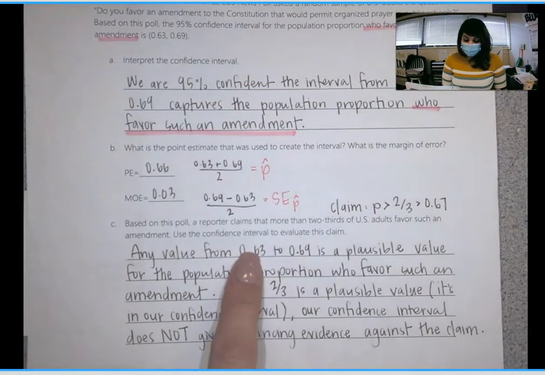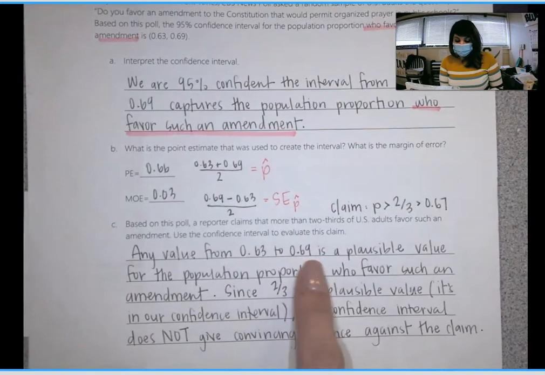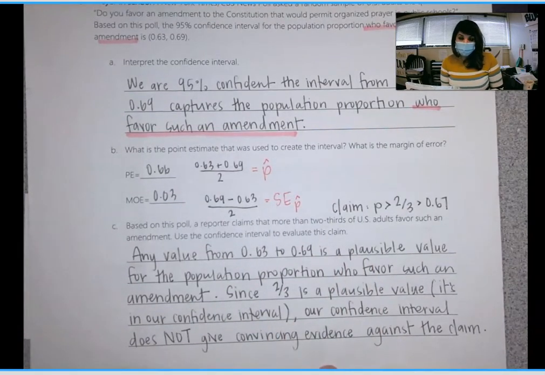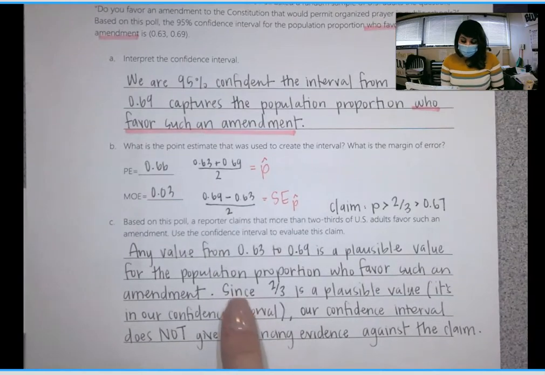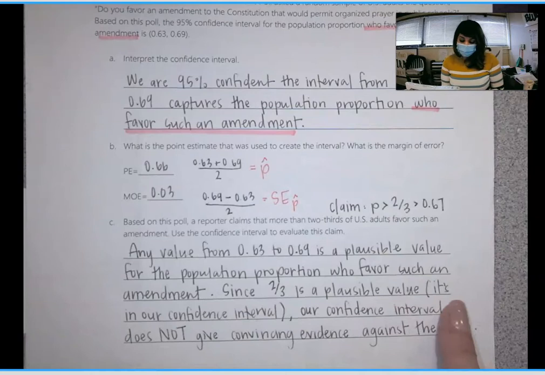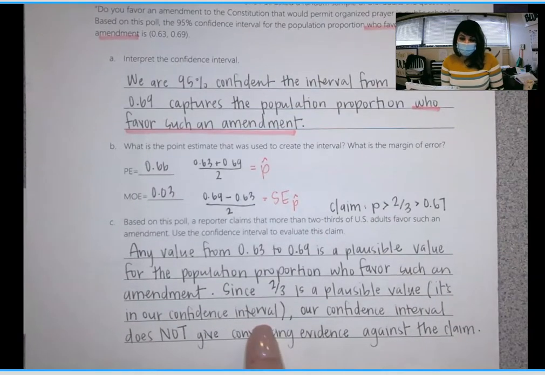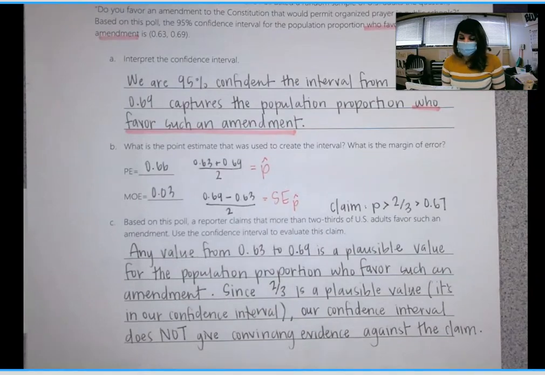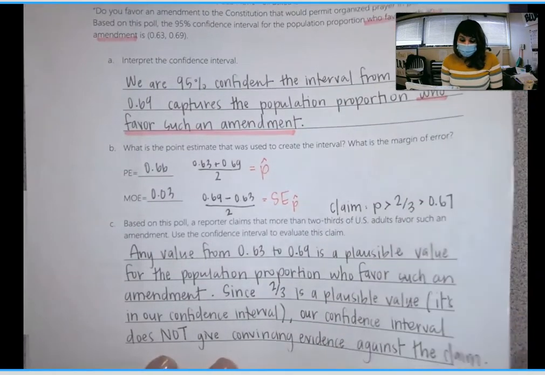Any value from 0.63 to 0.69 is a plausible value for the population proportion who favor such an amendment. Since 2/3 is a plausible value because it's in our confidence interval, our confidence interval does not give convincing evidence against the claim.